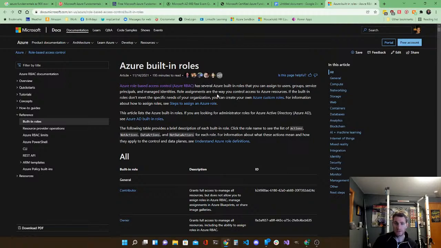They can have security permissions attached to them. Role assignments are the way to control access to Azure resources. If the built-in roles don't meet the specific needs of your organization, you can create your own Azure custom roles. Okay.